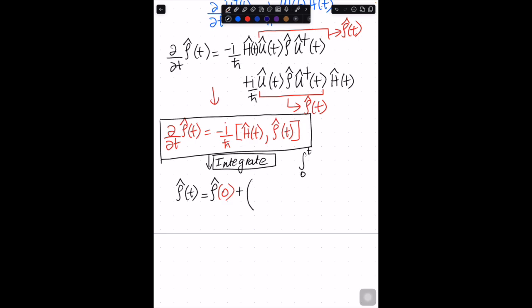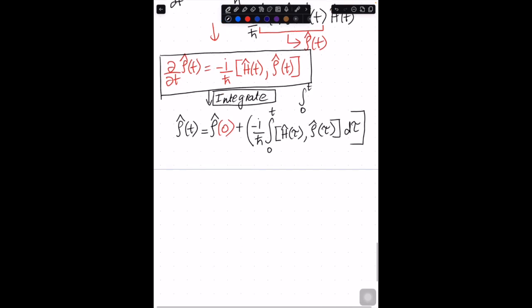Plus minus i over h bar, the integral from 0 to t, the Hamiltonian, the density operator, d tau.